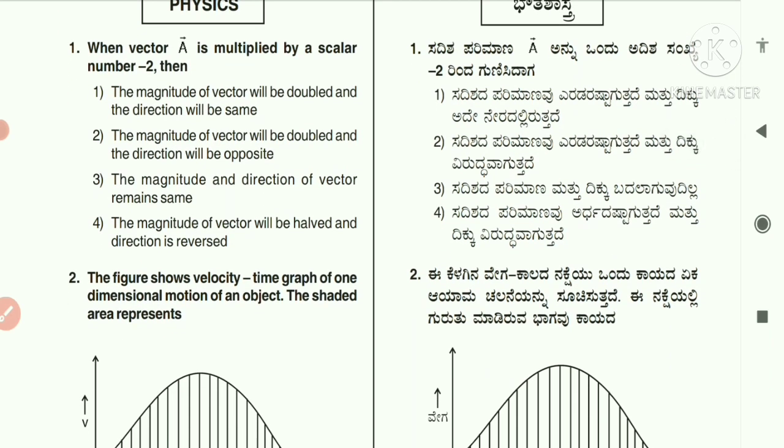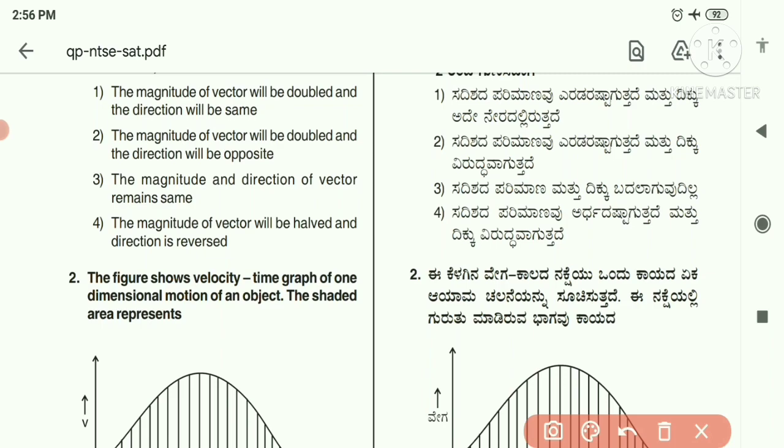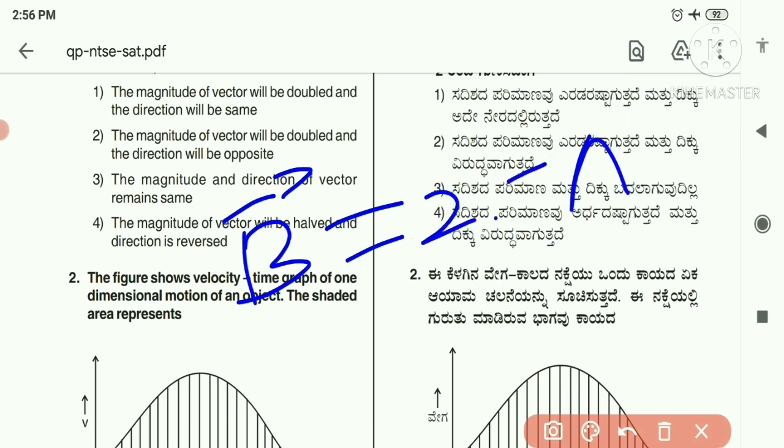Dear students, now in this question, it is mentioned about the vector quantity and magnitude. When we multiply the vector quantity by a scalar, it comes like this: B is equal to 2 into minus A. Now it will be multiplied.